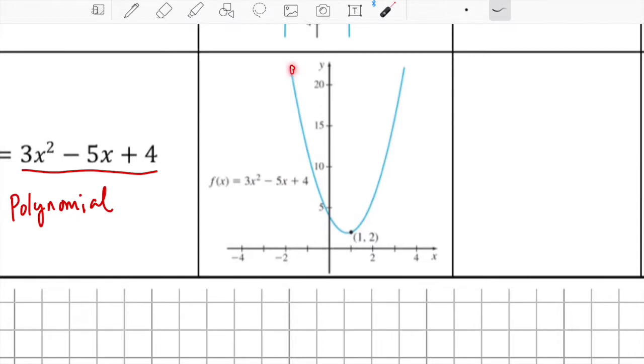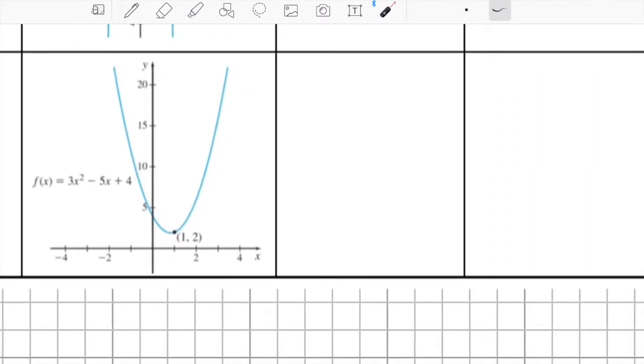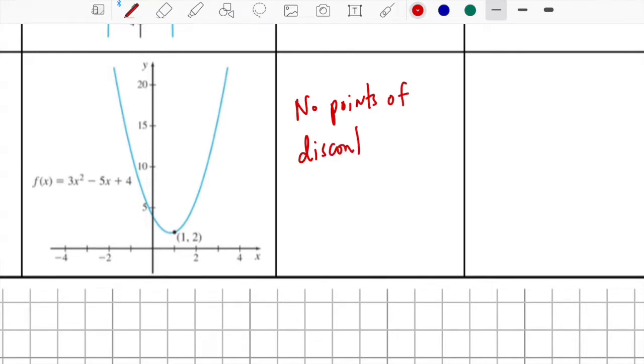If I would draw this graph, I would trace it. Notice that I'm not lifting my pencil anywhere. Also, when we take the limit, it's the same y value. Also, at 1, it is defined. It's the exact same thing. So this one has no points of discontinuity.